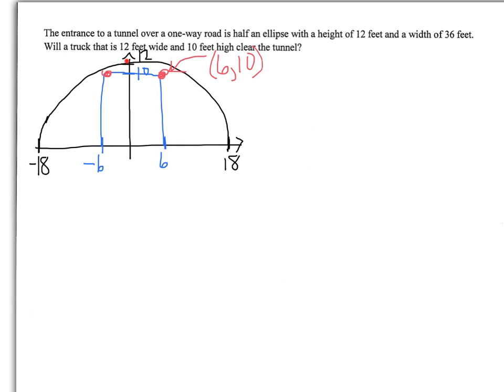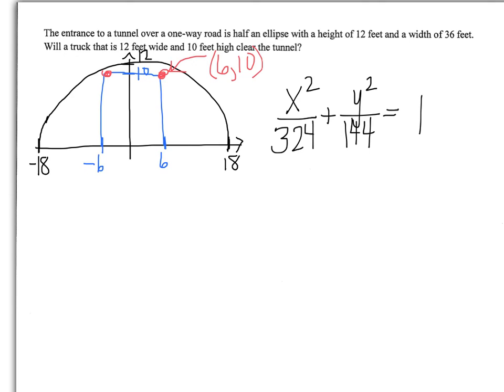Well, what's the equation of that ellipse if it was a whole ellipse? If it's centered at 0, 0, it's x squared, y squared for my numerators. Remember, fraction plus fraction equals 1. My horizontal stretch is 18, so my denominator becomes 18 squared, or 324. My vertical stretch is 12, so my denominator, 12 squared, becomes 144.